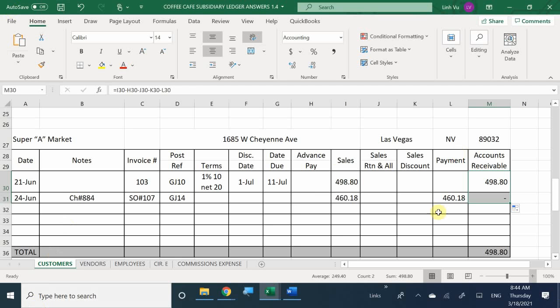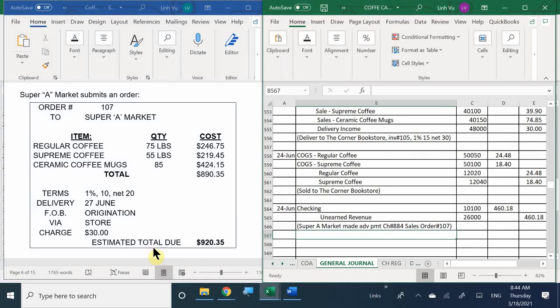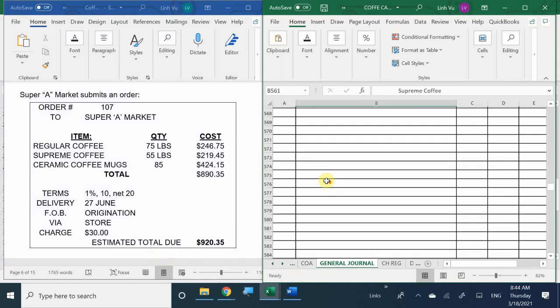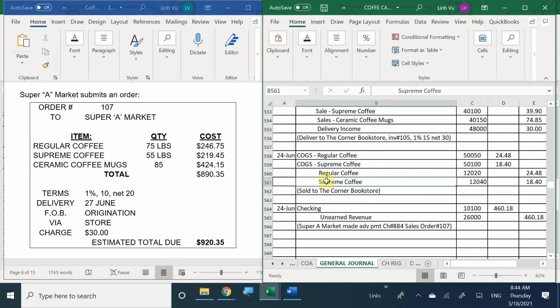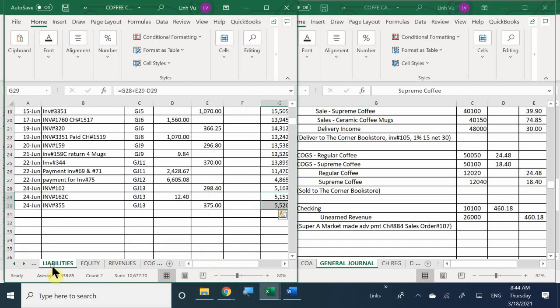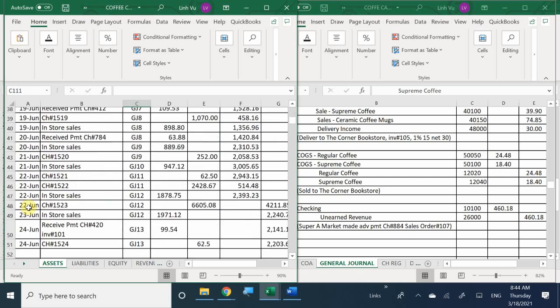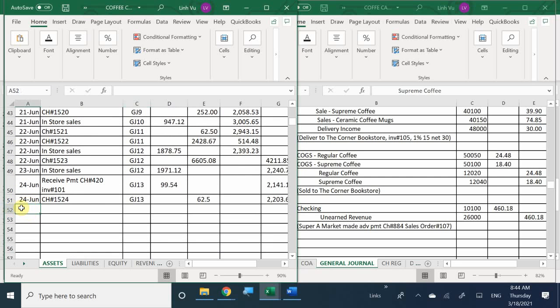What's next? Ledger. Okay. So I'm going to go to checking first. 624.